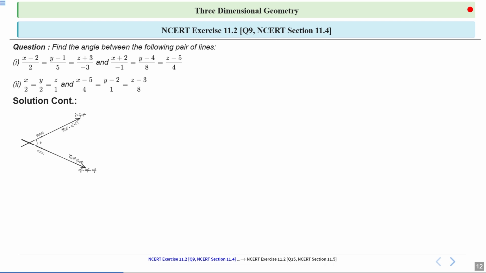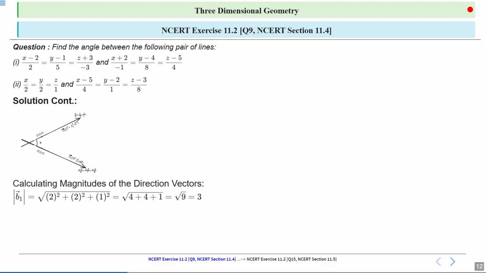So here the image summarizes the calculation of the magnitudes for the direction vectors. So let's examine how we calculate the magnitudes of the direction vectors. We use the square root of the sum of the squares of the components. So for the first direction vector, we will calculate magnitude of b1 vector is equal to square root of 2 square plus 2 square plus 1 square, which is square root of 4 plus 4 plus 1, which is square root of 9, which is 3.